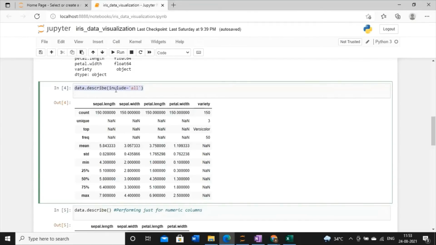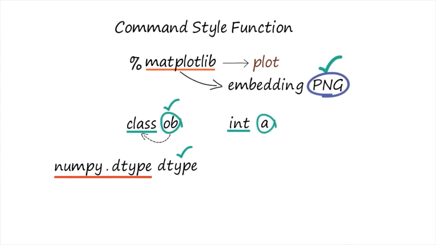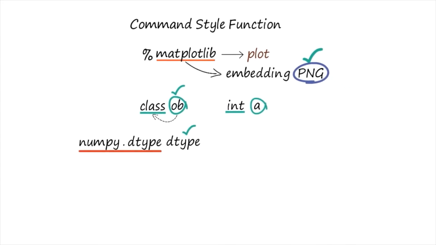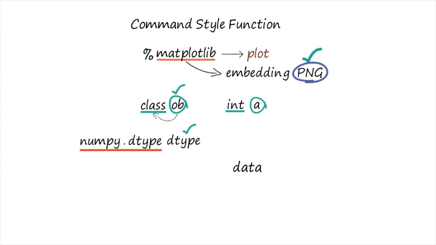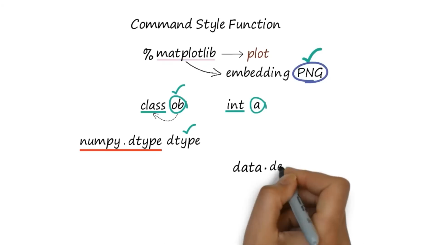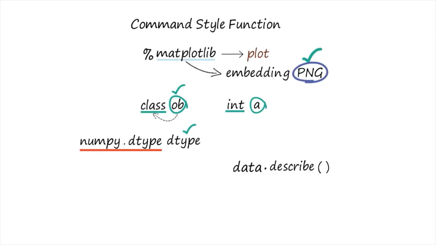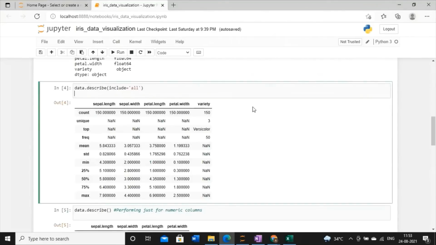Anywhere else you will find this commonly available syntax, that is, the name of the data frame, the variable that is holding your data file, dot describe. But see, I haven't used this syntax. I have used data.describe and then written include equal to, within single quotes, 'all'.